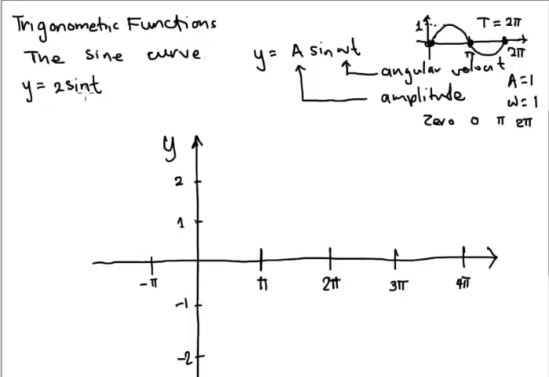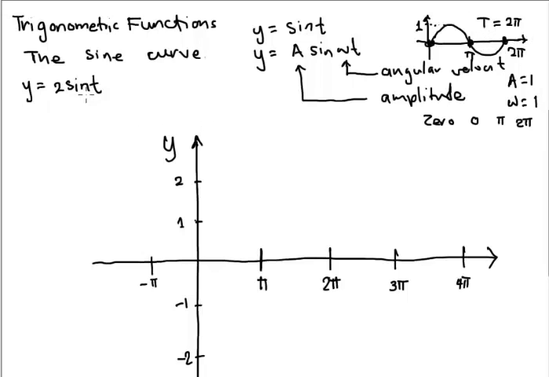The standard function, remember, I said, let me just write it there: y equals sine t. By standard there, I mean just the simplest form of the curve, where the amplitude is equal to 1 and the angular velocity is equal to 1. Then we get something like this, isn't it?